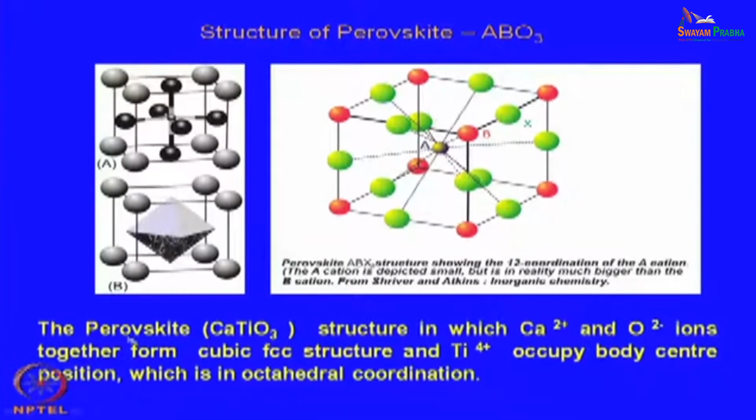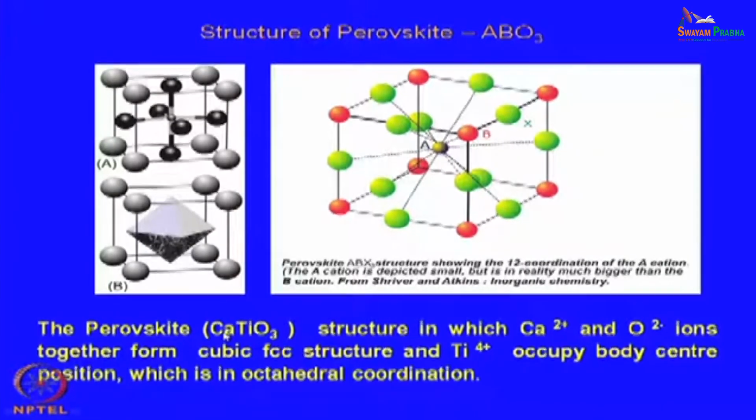And this is called the perovskite type, just like calcium fluoride is the fluorite type and sodium chloride is the rock salt type. Calcium titanate has a mineralogical name called perovskite, and it is a very important group of mixed oxides which have many different applications and many different properties.